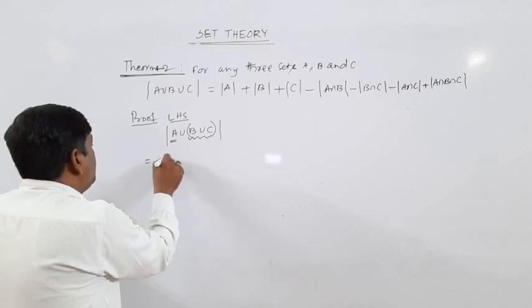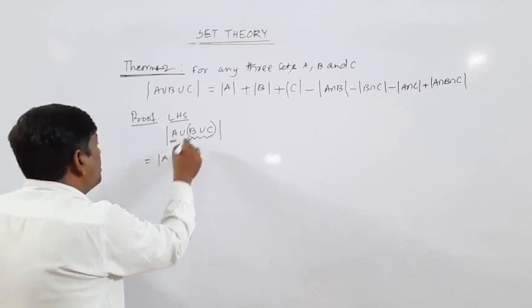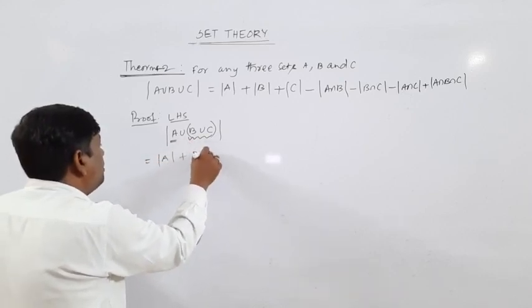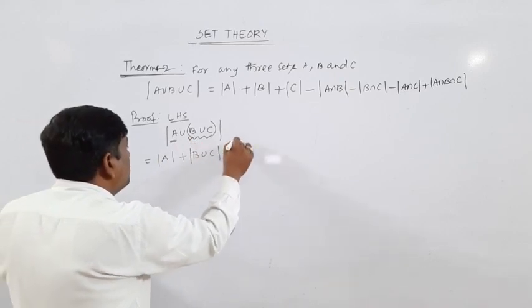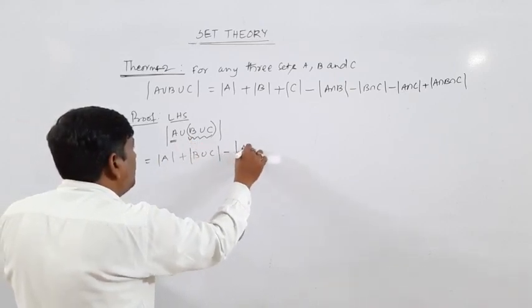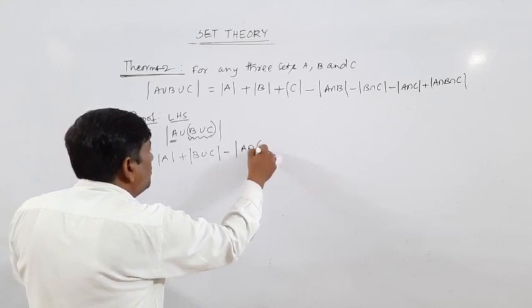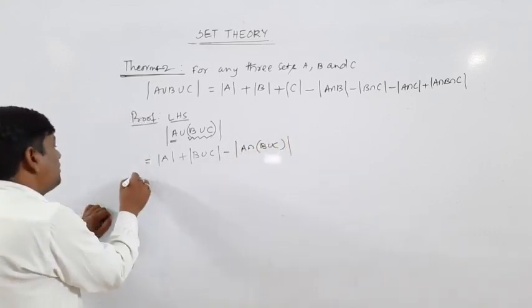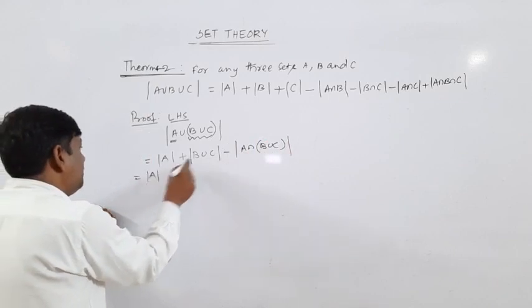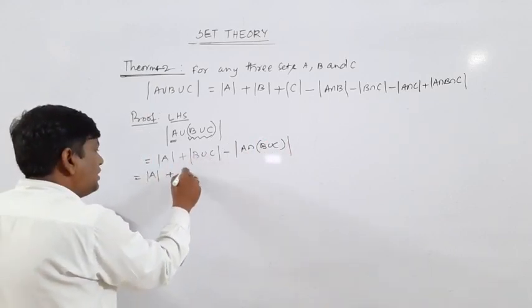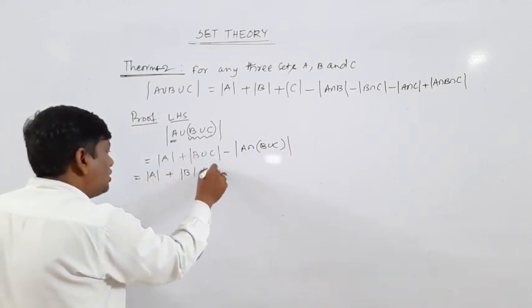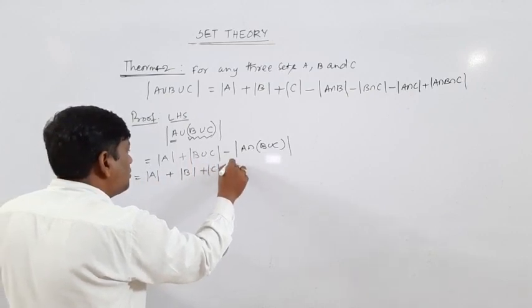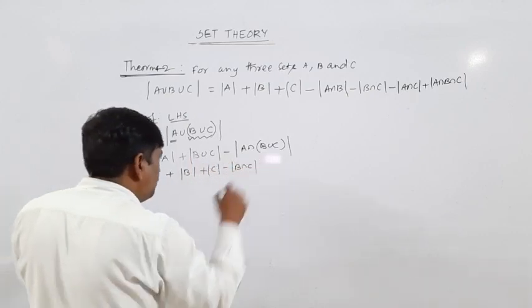That is cardinality of A plus cardinality of B minus cardinality of A intersection B. Now with B union C, expand this: cardinality of A plus cardinality of B plus cardinality of C minus cardinality of B intersection C.